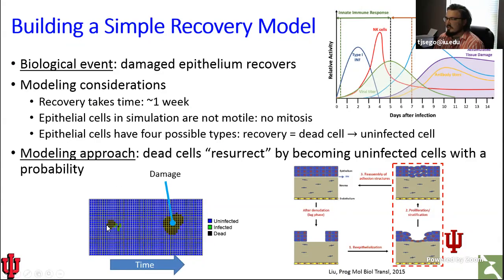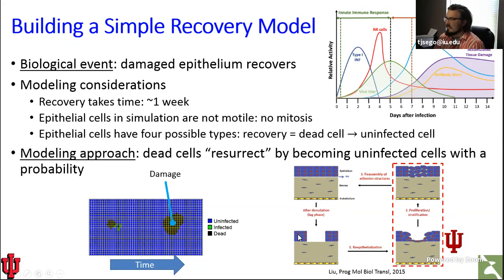So the 3 are shown here: blue uninfected, green infected, and black dead cells. And our end result of recovery should be that those dead cells are somehow replaced with new uninfected cells. For the very simplest case, what we will say for this simple base model is that recovery is equal to a dead cell becoming an uninfected cell.